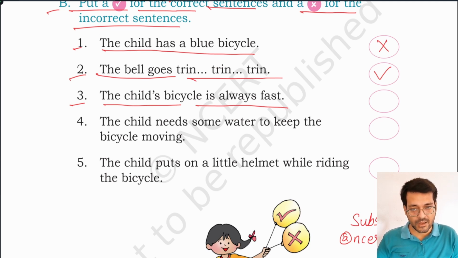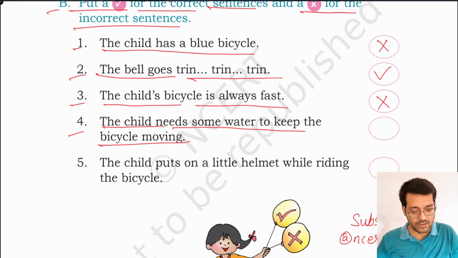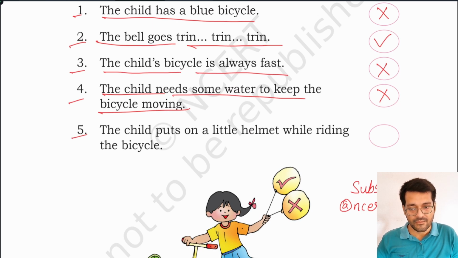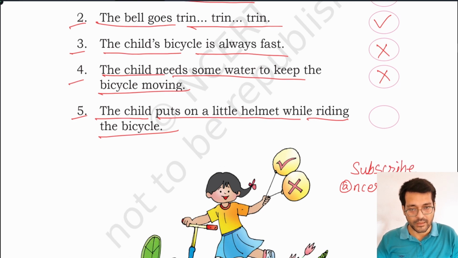They move sometimes fast, sometimes slow. That is wrong, or false. 4. The child needs some water to keep the bicycle moving. No, the child needs some air to keep the bicycle moving. That's also wrong or false. 5. The child puts on a little helmet while riding the bicycle. Yes, it's true or correct.